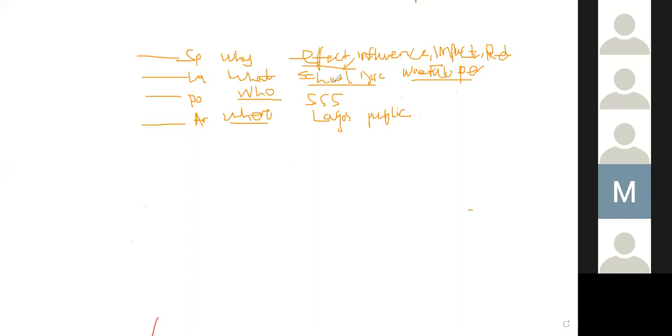What's affecting what? What's the cause? What's the effect? School indiscipline is the cause. So woeful performance is the effect. So this becomes your dependent, and this becomes your independent. Right? Are we together?